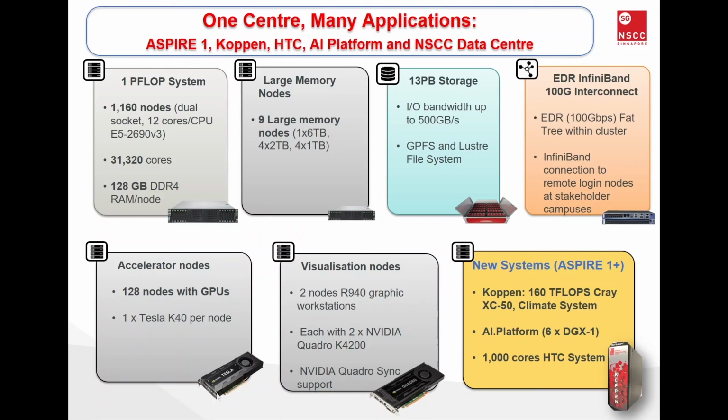There is 13 petabytes of storage, including IME, Scratch, home or projects, and archive. IME, being a burst buffer, provides 500 Gbps throughput, and 200 Gbps throughput is achieved through Lustre, 100 Gbps throughput with home or project file system.